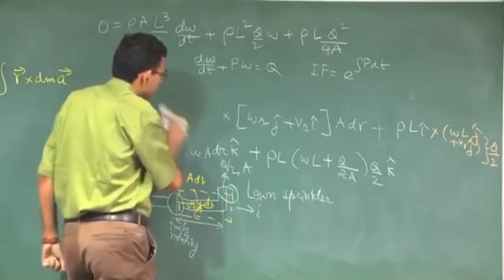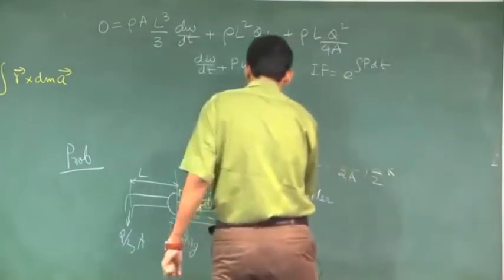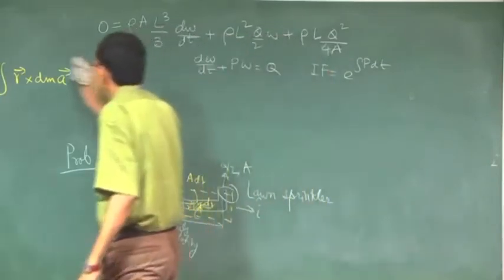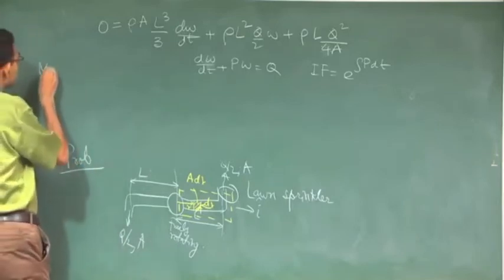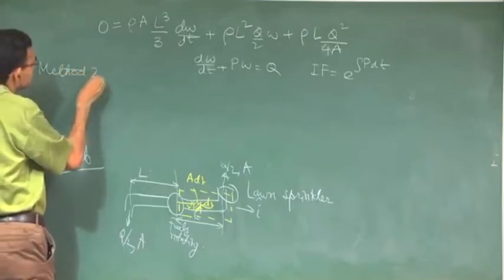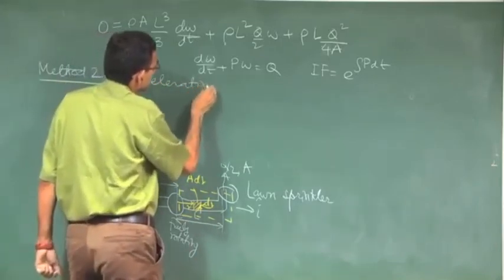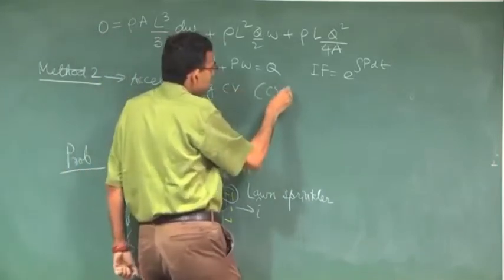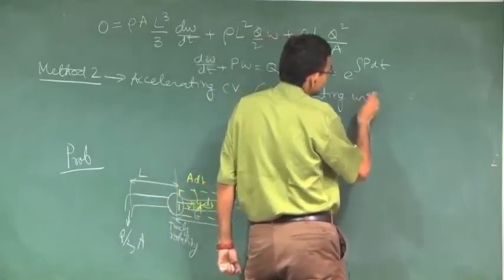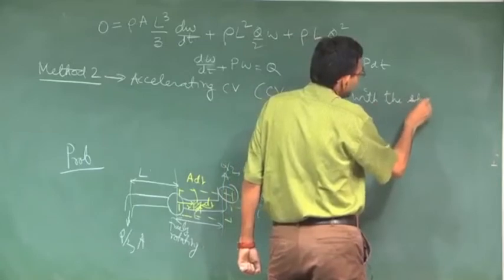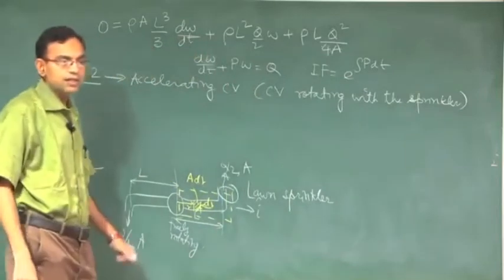So same problem, method 2, that means control volume rotating with the sprinkler. This has to be clearly specified because drawing wise it is very difficult to distinguish this from the previous case.